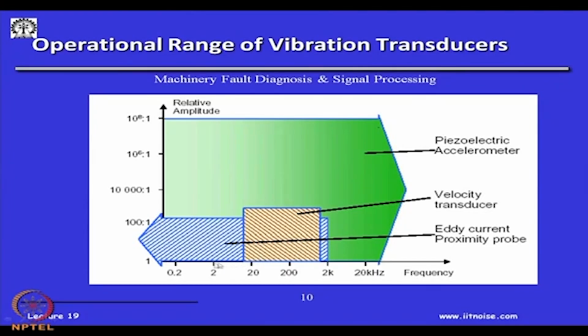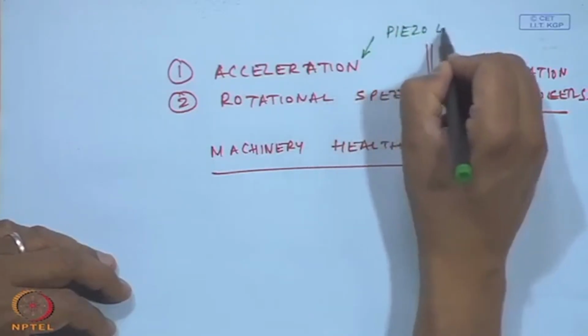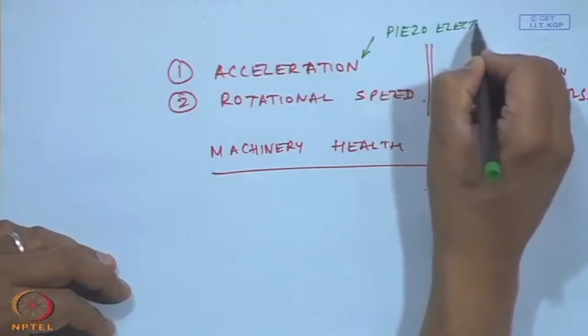The velocity transducer has a low frequency limit of about 10 hertz to about 1000 hertz, but the piezoelectric accelerometers can measure all the way from 0 to a very high 70-80 kilohertz, and the dynamic range is also very high. To measure the acceleration, we will now be talking only about the piezoelectric accelerometer.